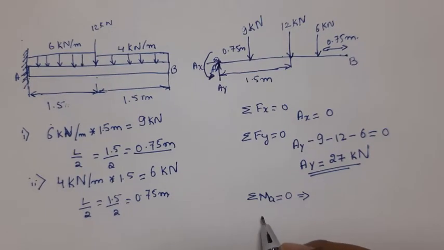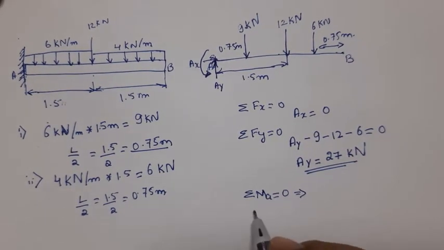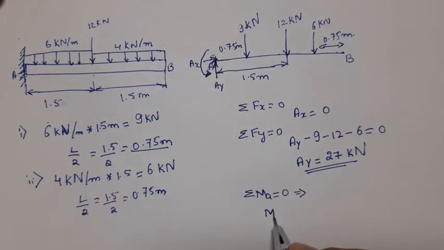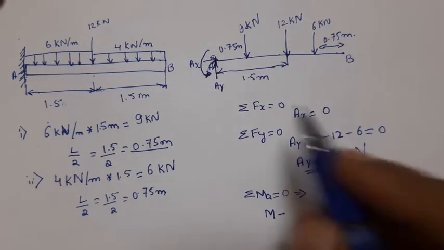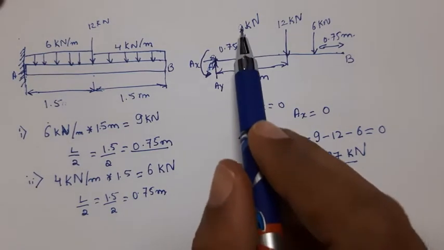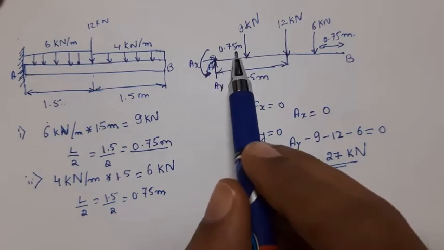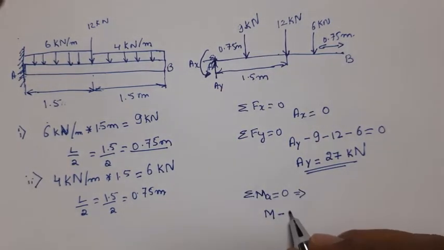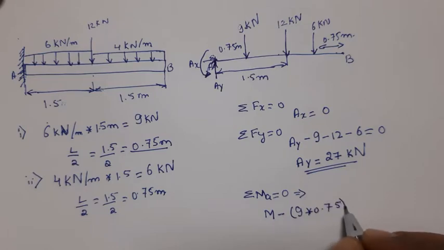Now to find the moment, the first one we take is M, the moment at this particular point, minus 9 kilonewton, which is in clockwise direction at a distance of 0.75, so it will be minus 9 into 0.75.